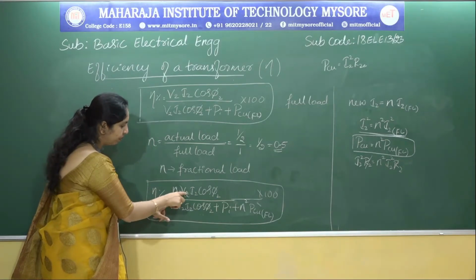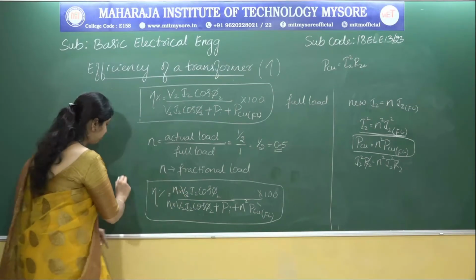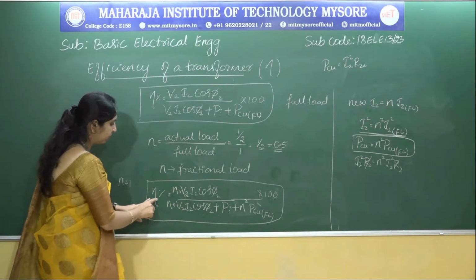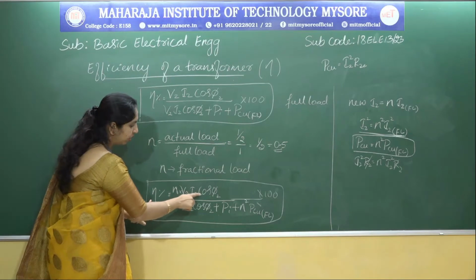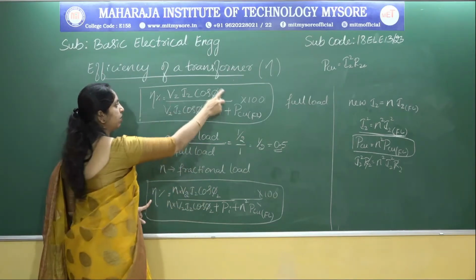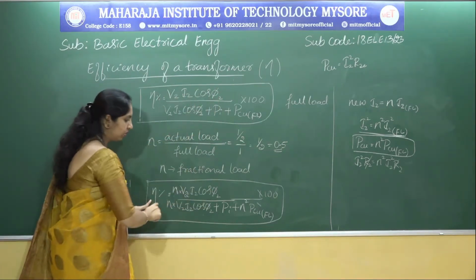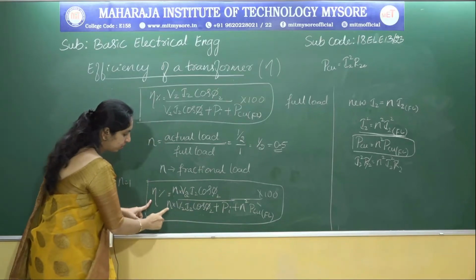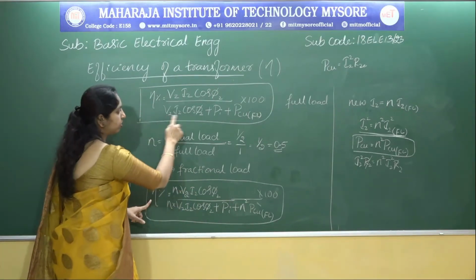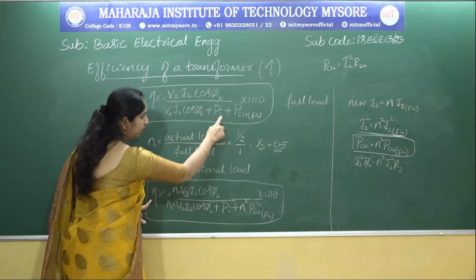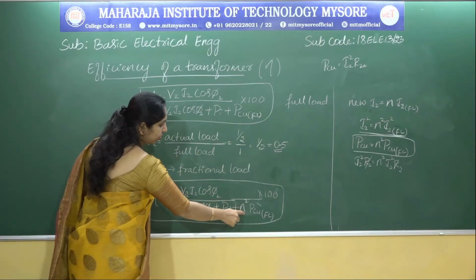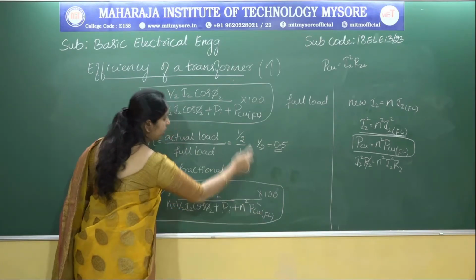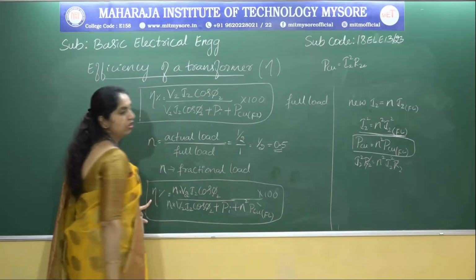Efficiency eta is equal to, substituting n equal to 1, V2 I2 cos phi 2 divided by V2 I2 cos phi 2 plus Pi, and then we get PCU full load. Don't you get the same?